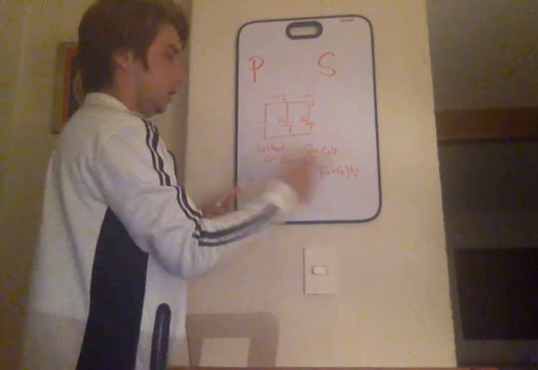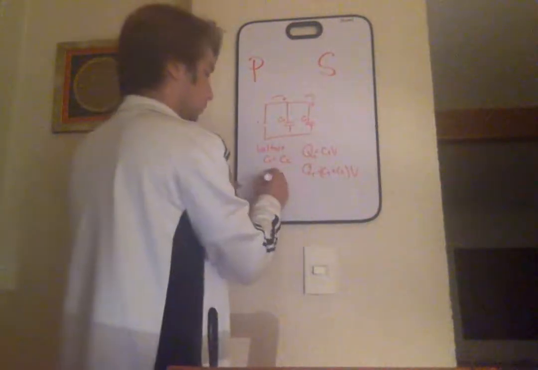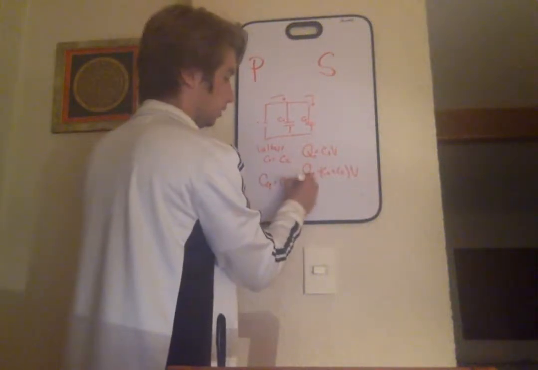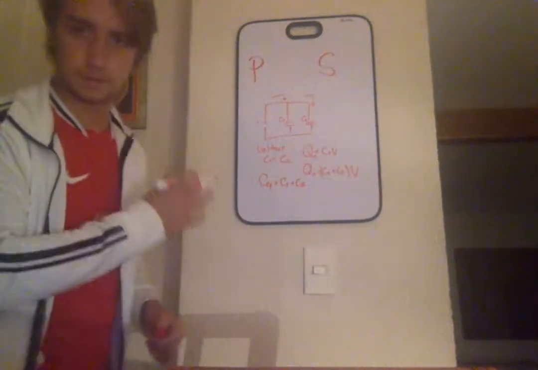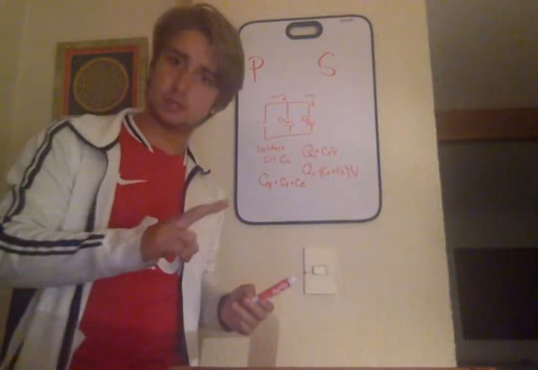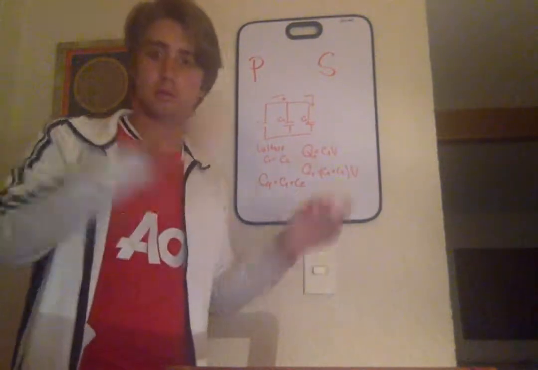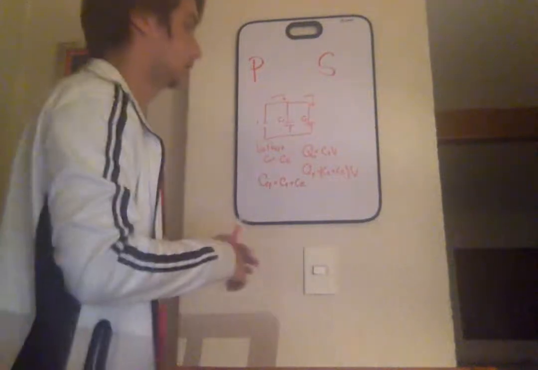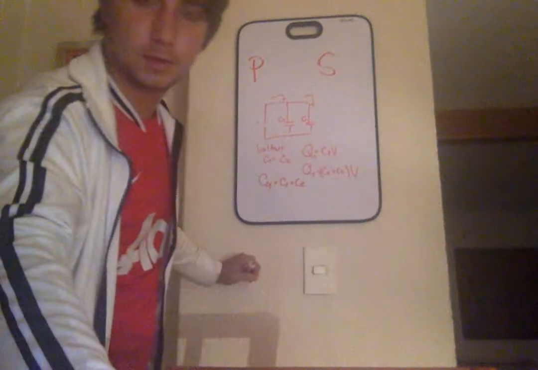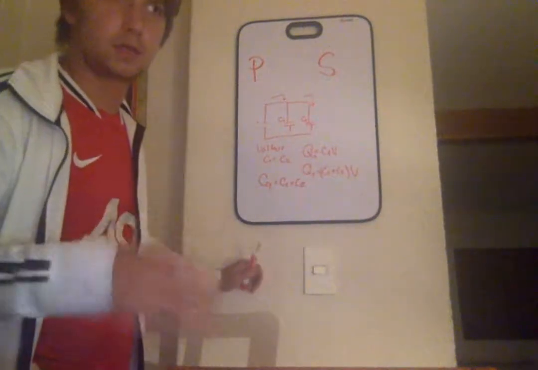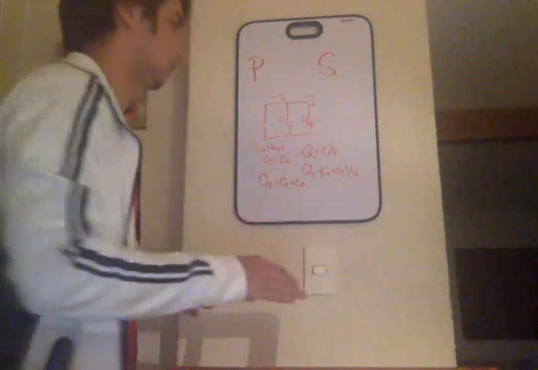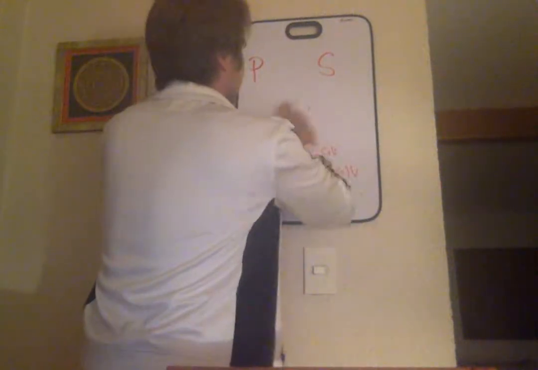And how do you find the equivalent capacitance? It is the sum of both capacitors. As you can see here, I'm only using two capacitors, but you could use any number you want and it will still be the same. It doesn't matter how many capacitors you have, this relationship will always hold.